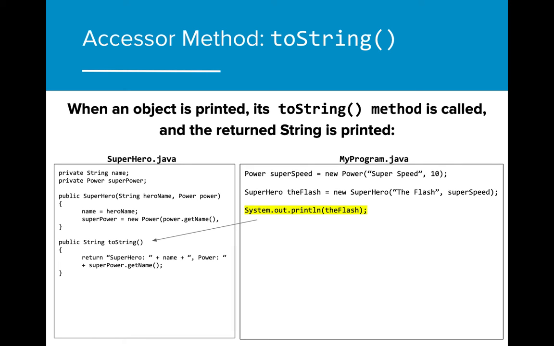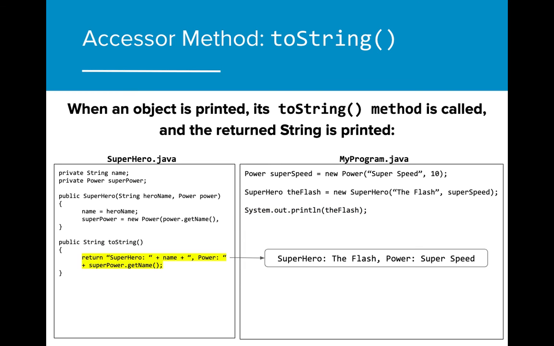When a toString method is created, it overrides any existing print methods and becomes the default method called when System.out.print or System.out.println are called in a program. When either is called, the program will look to find a toString method for the object. When the toString method is found, it will return the string associated with the toString method anytime a print statement is called.